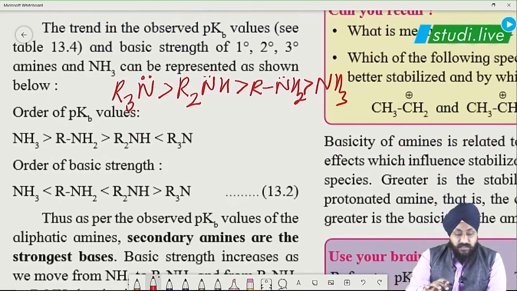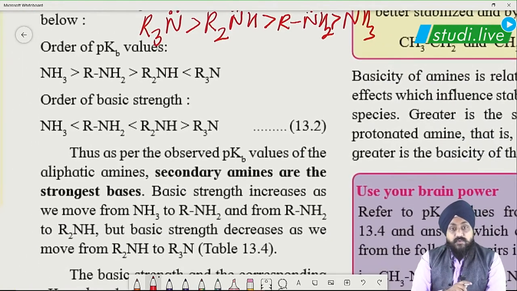Whereas in aqueous solution, secondary amines are the strongest base. Why?